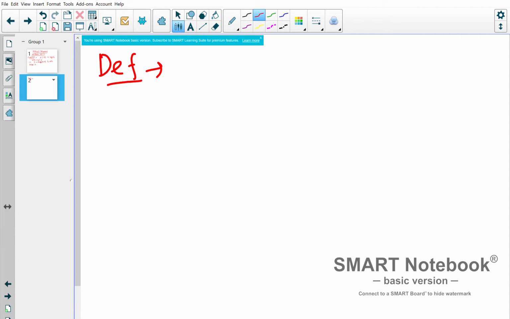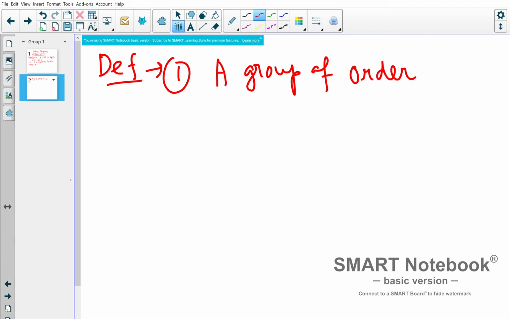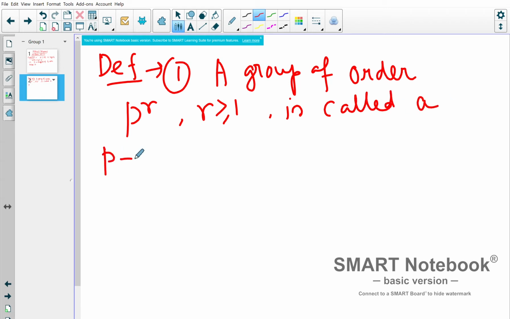So a group of order any prime power, say p power r with r greater than or equal to 1, is called a p group. Any group of order p power r is called a p group.